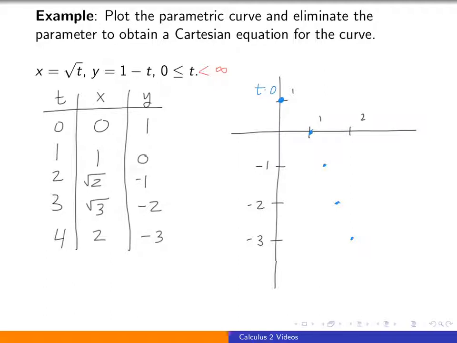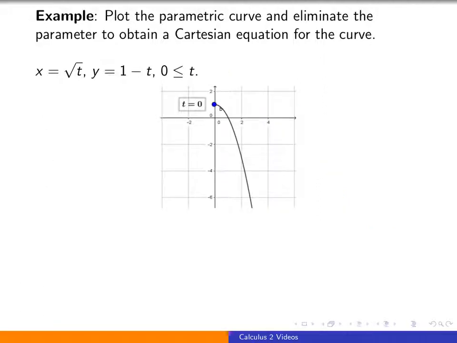And this roughly gives us an idea of what this curve is going to look like. Connecting the points, something that looks like this, where the final point that we've plotted corresponds to t equals 4. So maybe just a bit cleaner of an image, but we should see the correspondence to our previous slide.